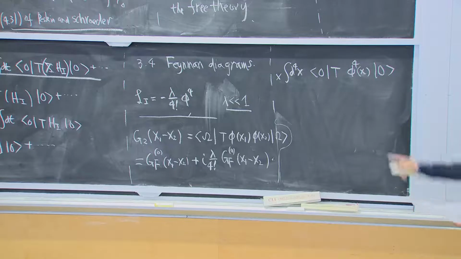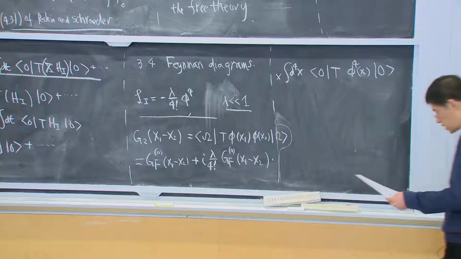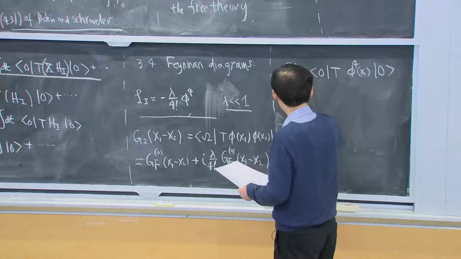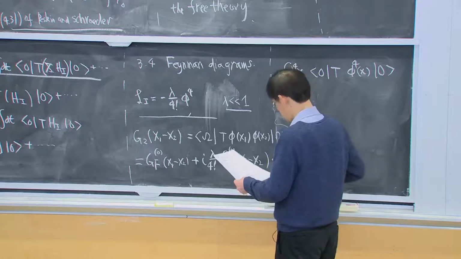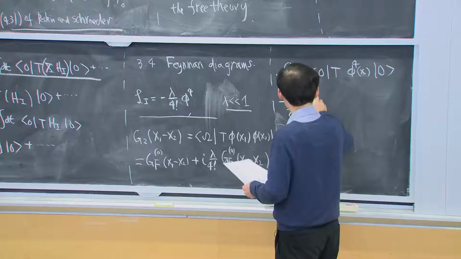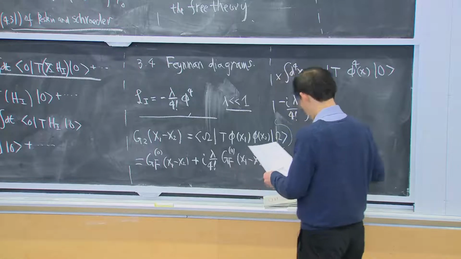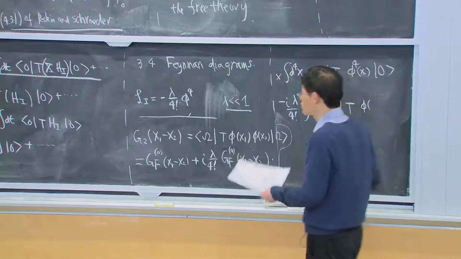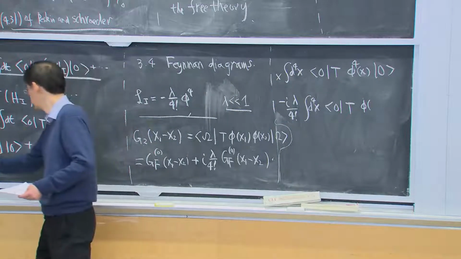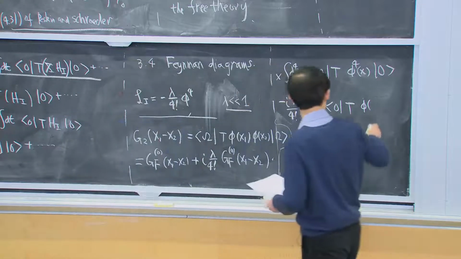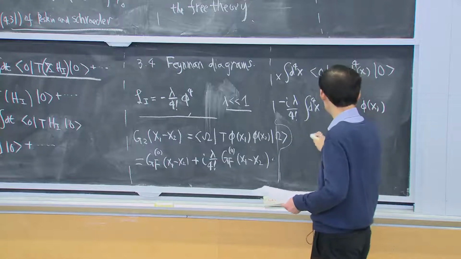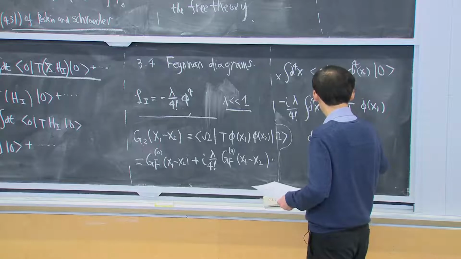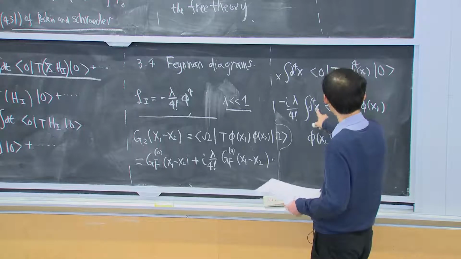That's the second term, and the third term is minus i lambda over 4 factorial. You have d4x, the vacuum, T, then you combine them together: phi x1, phi x2, and then phi to the power 4 at x, and this x is integrated over.